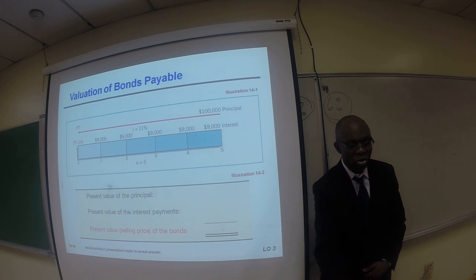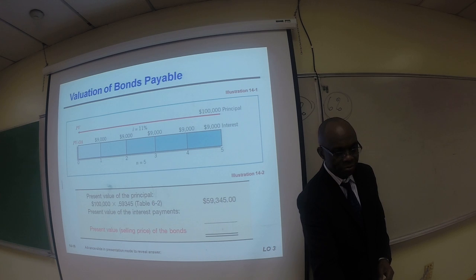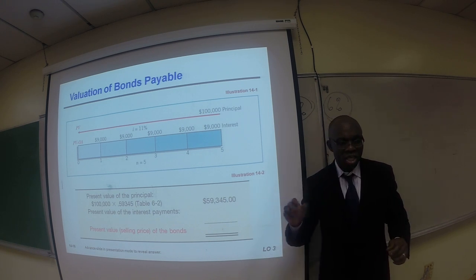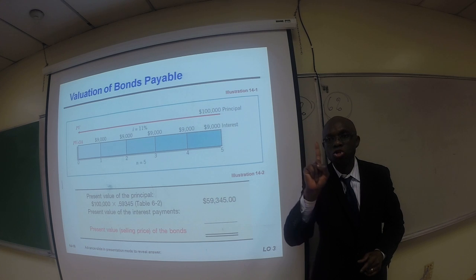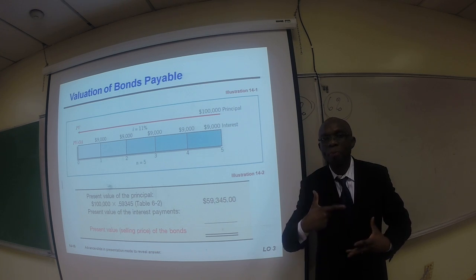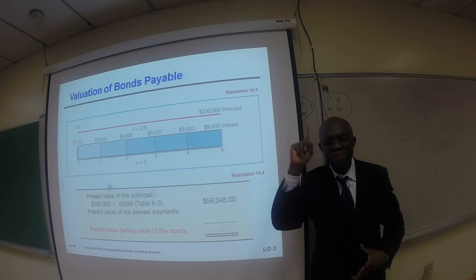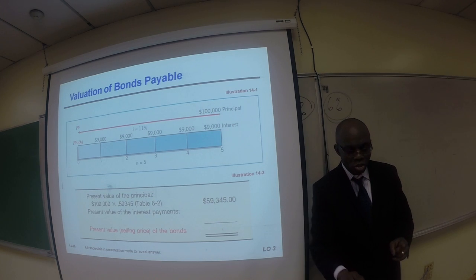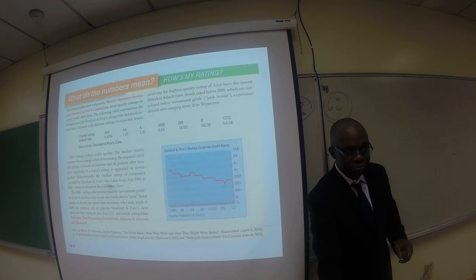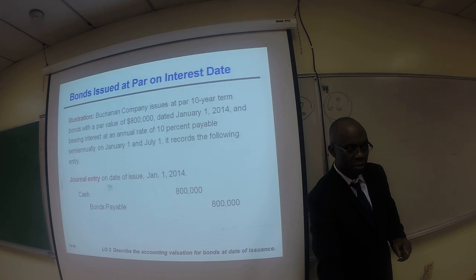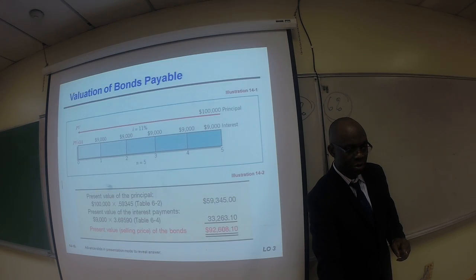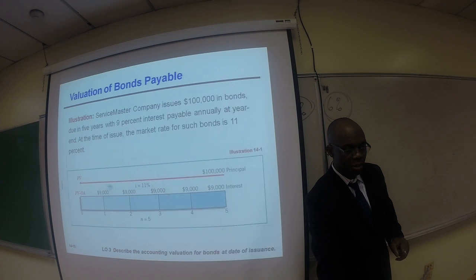So take a look at what we are going to do here. You need to know this for exam. So the $100,000 is due in 5 years. That is a single sum. So the company is going to pay $100,000 in 5 years. So we are going to use the proper table. The way it's done here.